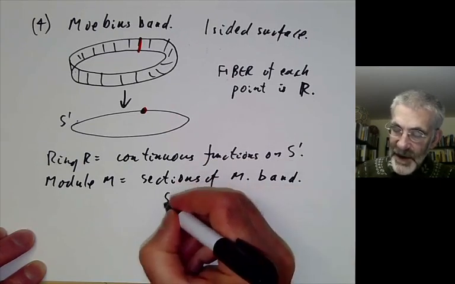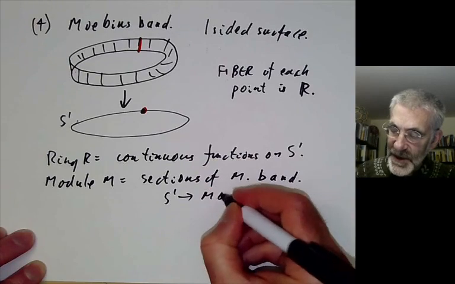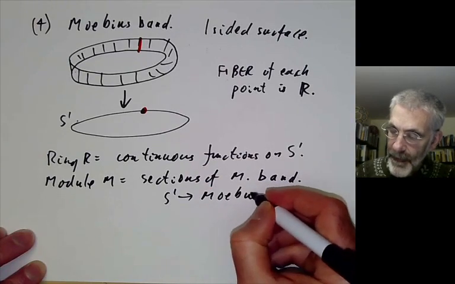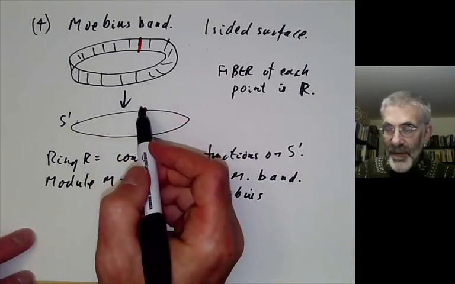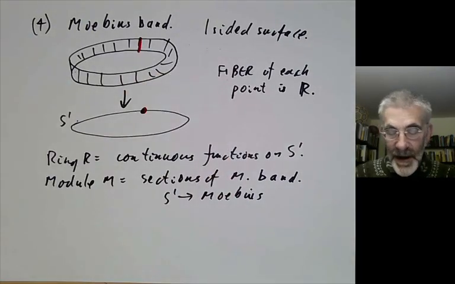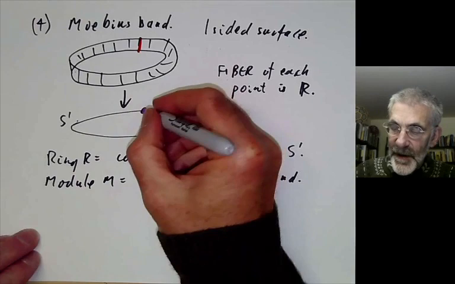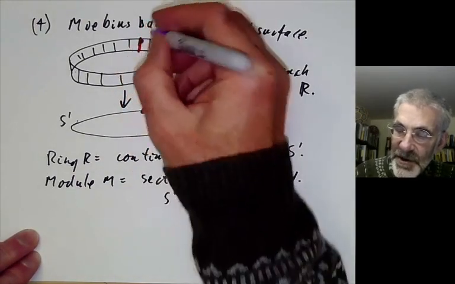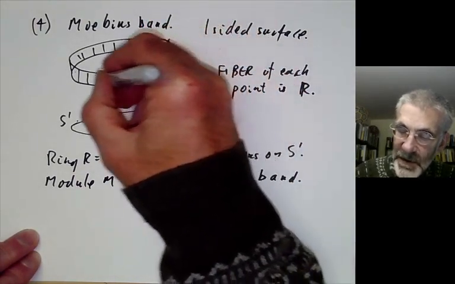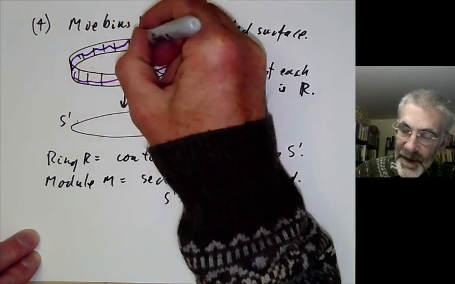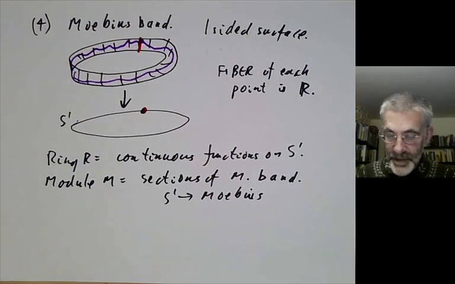What I mean is, this is going to be functions from S1 to the Moebius band that map each point to something in the Moebius band above that point. So for this point here, you're going to take some function there, and more generally, you're going to have a sort of function that looks a bit like that.